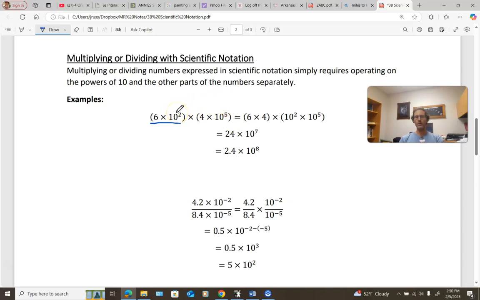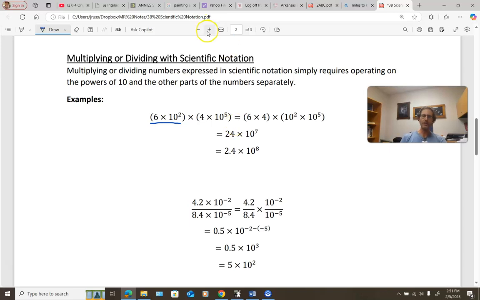And then you work with the powers of 10, and this is where we went over working with those powers of 10 in a previous section. 10 to the second times 10 to the fifth is 10 to the seventh, because you have to remember you have to add exponents when you're multiplying exponential expressions. So you end up getting 24 times 10 to the seventh, okay?